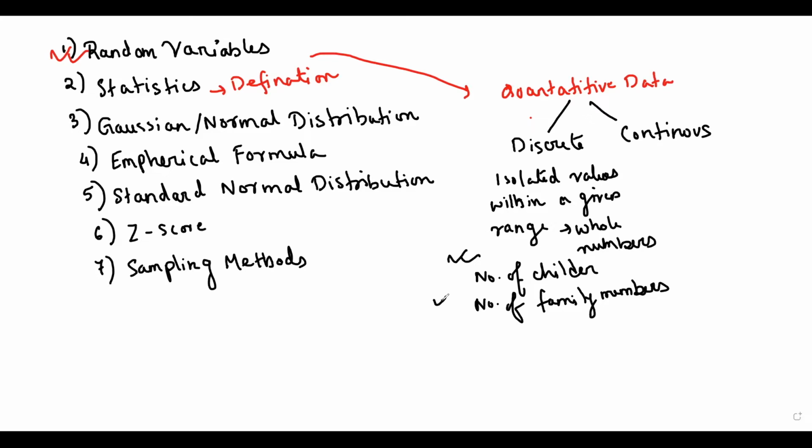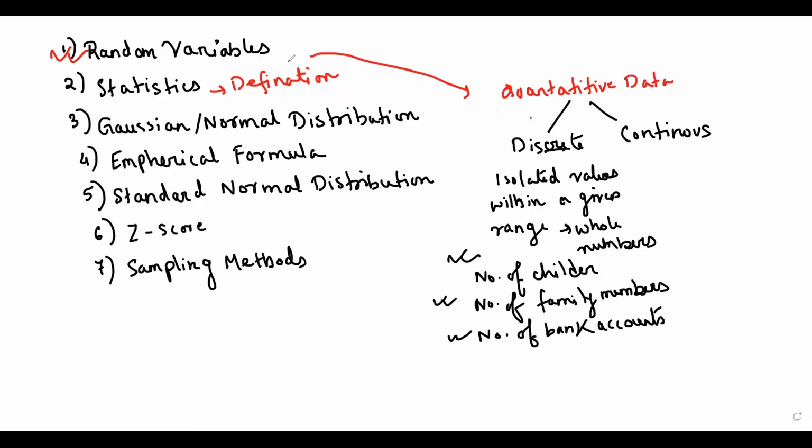This is again a whole number. One more example may be the number of bank accounts you have. This is again a whole number. So these are examples of discrete random variables.